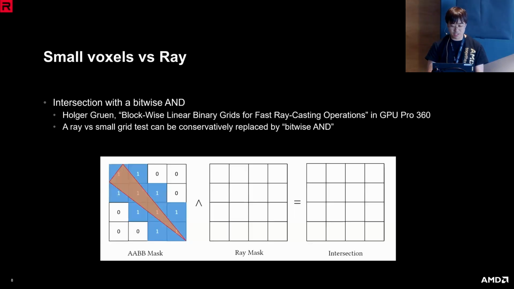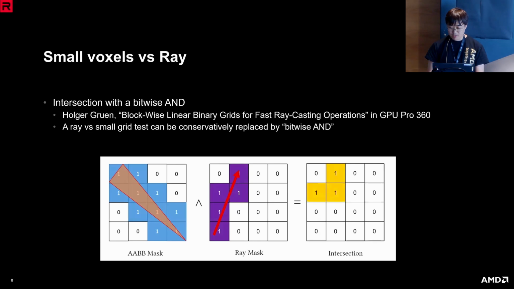Let's say AABB has a specific pattern like this to describe occupancy. Then the ray traversal on the volume can also be described as voxels like this, its footprint. Finally, the bitwise AND of the AABB mask and the ray mask on the right can describe the intersection. Thus, we can check whether all bits are 0 or not. If all bits are 0, it means no hit.